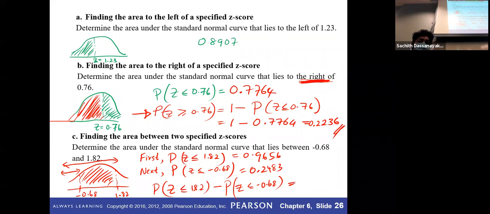Clear? So starting from this section, this will become your friend up to your final exam.